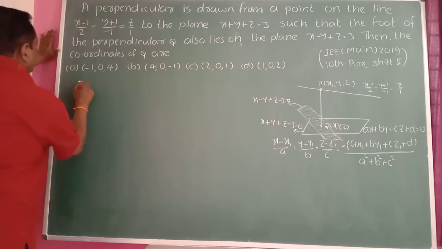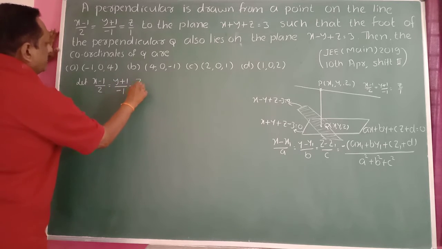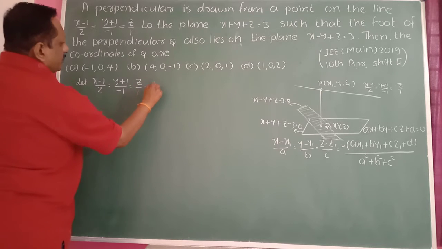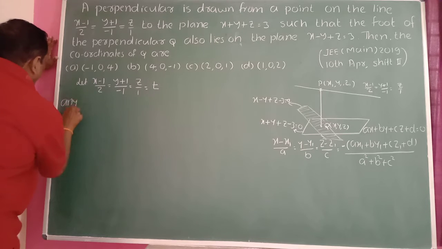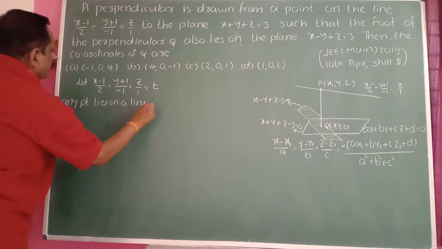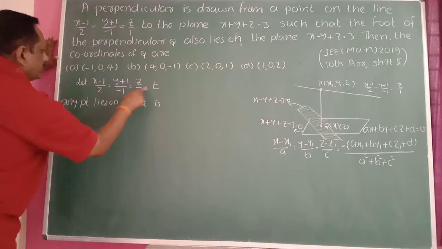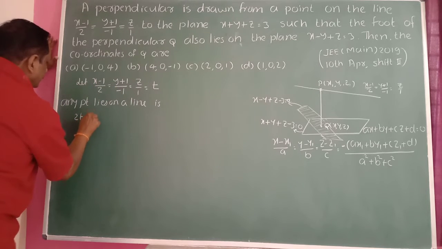So therefore, let us consider x minus 1 divided by 2 is equal to y plus 1 divided by minus 1 is equal to z divided by 1 is equal to some constant t. So any point on a line is: take 2 to this side, 2t, take minus 1 to the right hand side, it becomes plus 1 here.